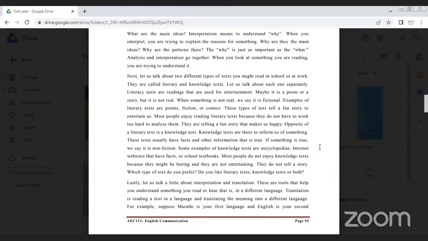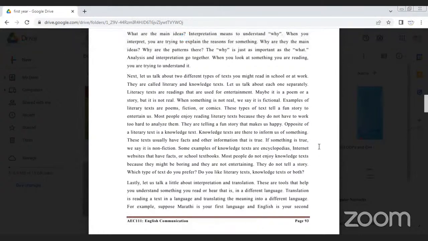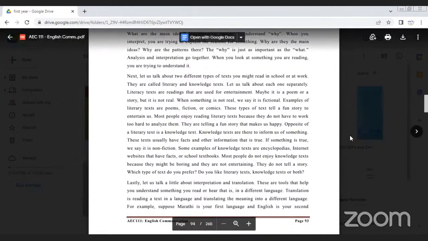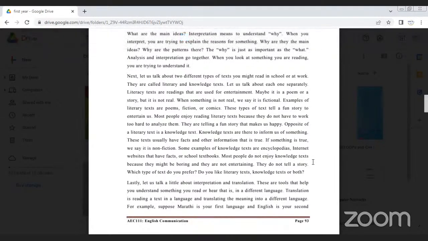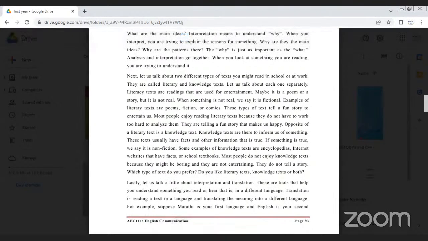Some examples of knowledge texts are encyclopedias, websites that have facts, or school textbooks. Most people do not enjoy knowledge texts because they might be boring and not entertaining. They do not tell a story. Which type of text do you prefer? Do you like literary text or knowledge text or both?